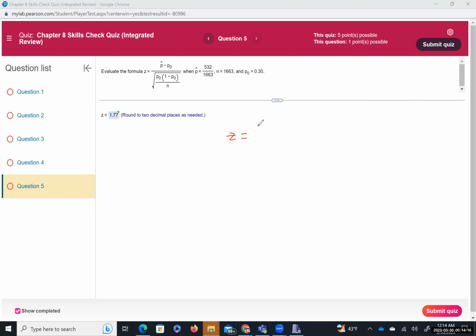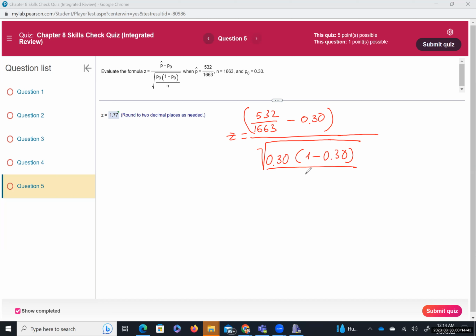Z equal to P hat is 532 over 1663, and minus P sub 0, 0.30. Right, so I make sure I have the top in the parentheses. Okay, and then the bottom has 0.30, and I multiply by 1 minus 0.30, and I divide by n.